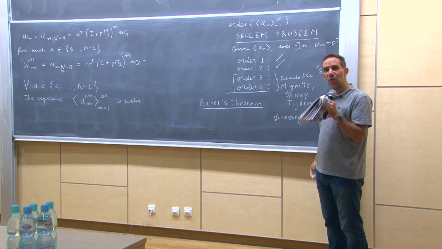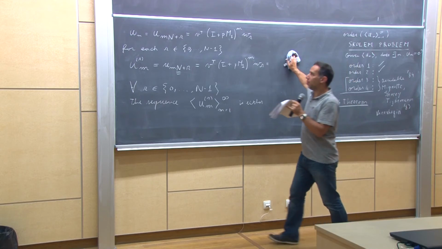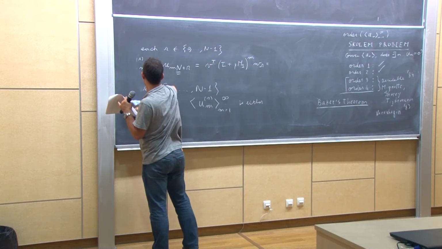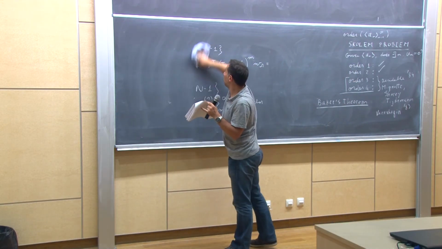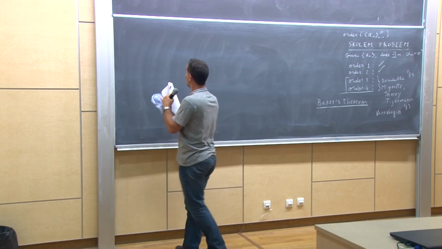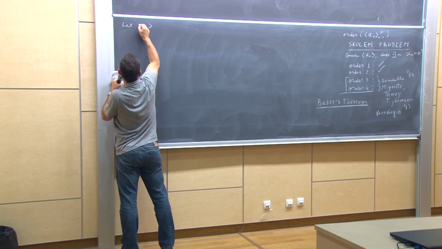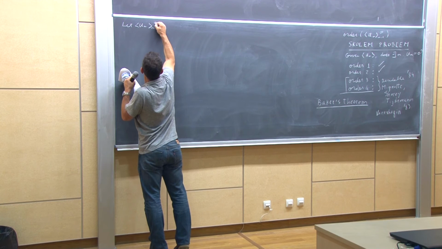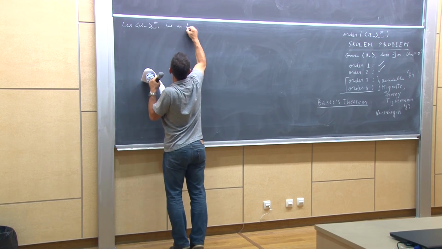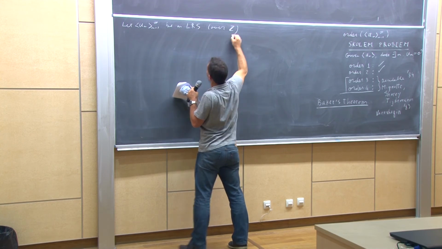And I'll just say one last thing before I stop, because what I'm going to talk to you about in the next lecture is the positivity problem. So Skolem, let u_n be an LRS, let's say over the integers.